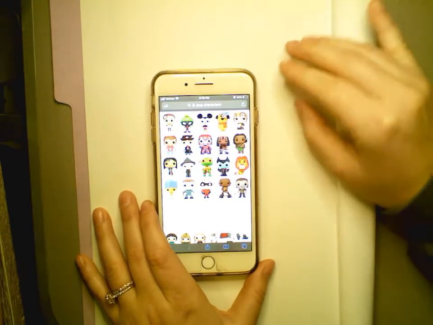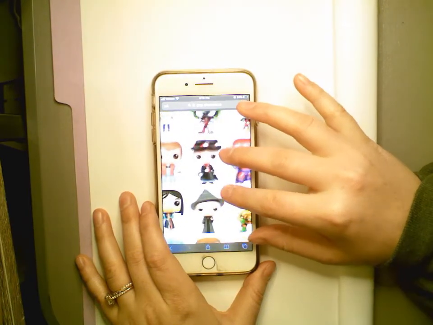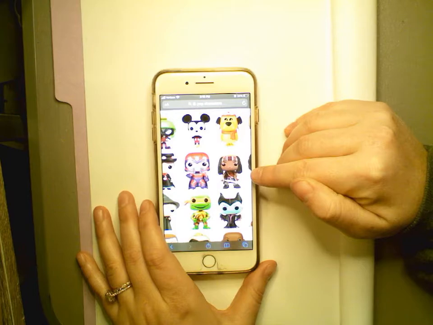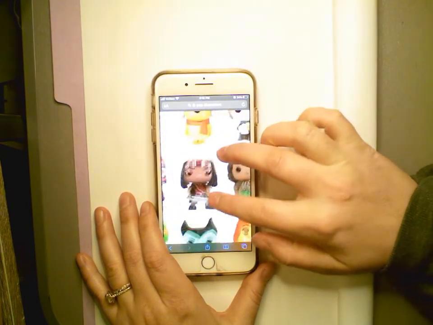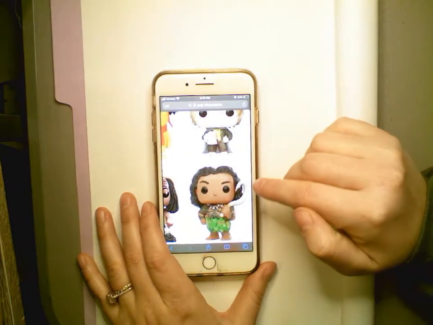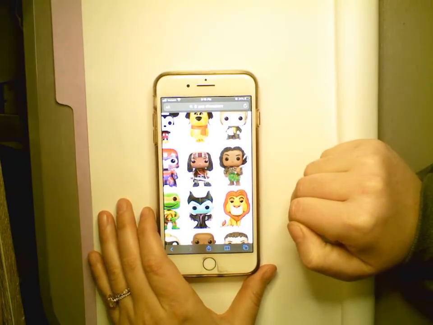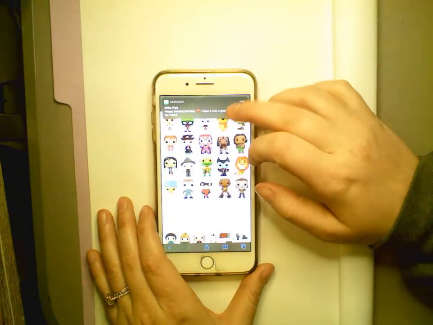So I want you to take a look at these characters and a couple of things that I want you to notice. Their head is way bigger than their body. It's a huge head and a little body. Another thing is that their eyes are also very large.